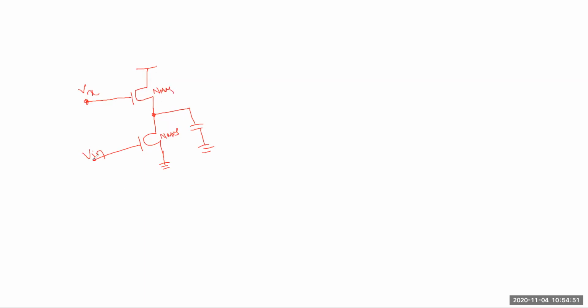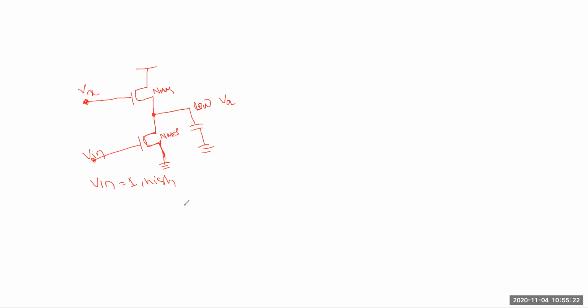In this circuit, when Vin is equal to 1 or high, this transistor will be on, that means the output voltage will be low. At that time there is no current flow, and Vx is coming from the previous dynamic circuit.